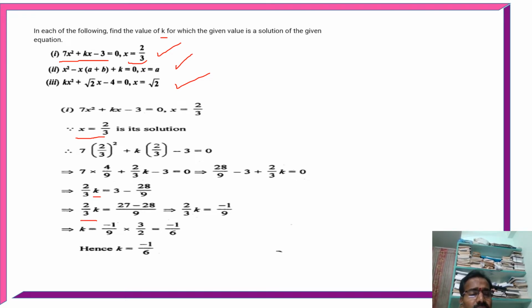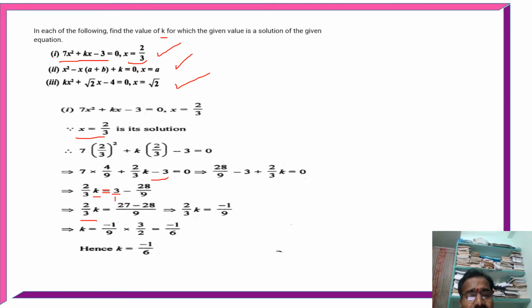2 by 3 k equals to, if we take LCM over here, students, plus changes into minus, minus changes into plus. Minus 3 changes into plus 3, and plus 28 by 9 changes into minus 28 by 9, and take 9 as LCM. 9 threes are 27, minus 28 by 9, that is 2 by 3 k equals to, the larger number is negative, minus 1 by 9.